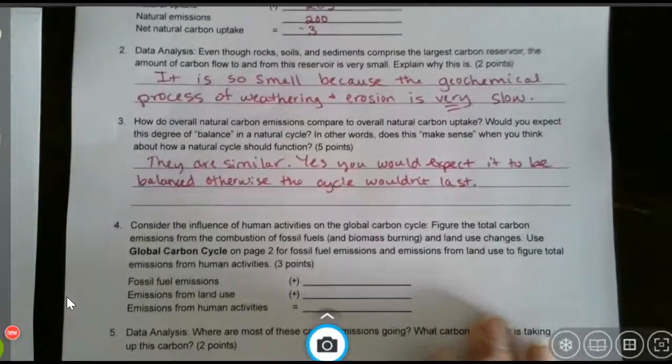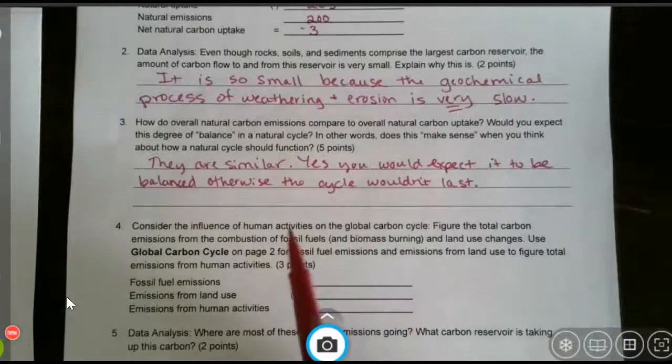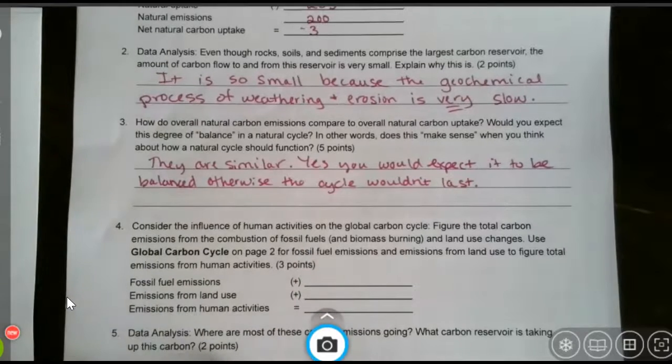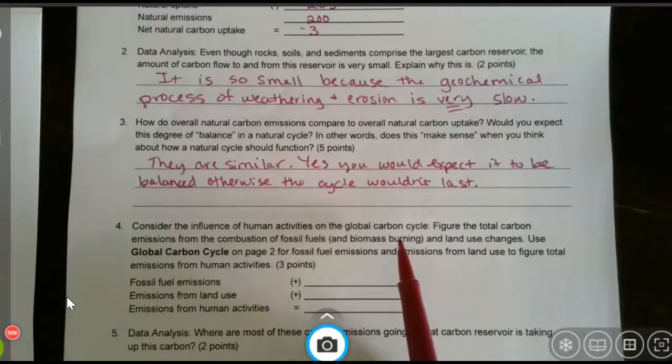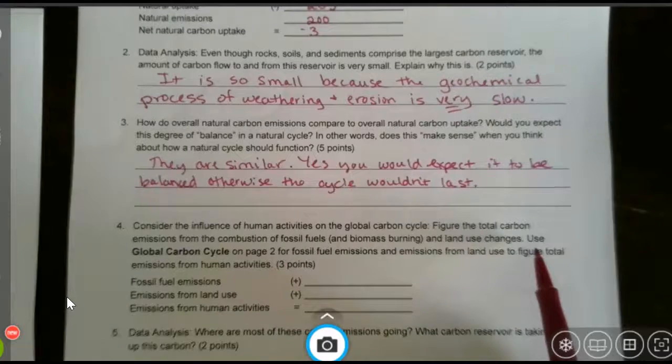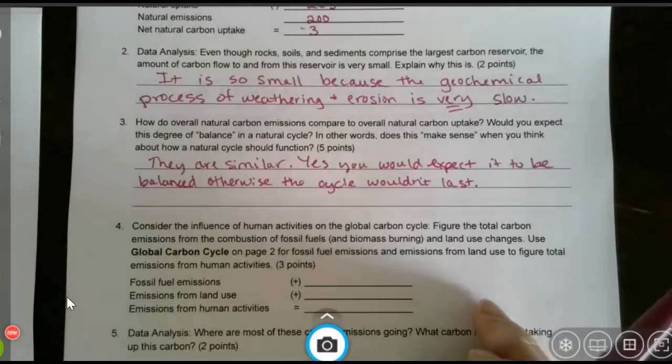Okay. Now we're going to look at the influence of human activities on the global carbon cycle. We know that we are a big impact on it. So we're going to figure out the total carbon emissions from the combustion of fossil fuels and biomass burning. So combustion is the burning of fossil fuels, and land use changes.